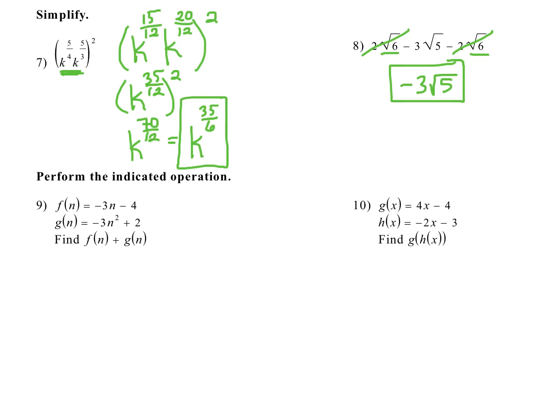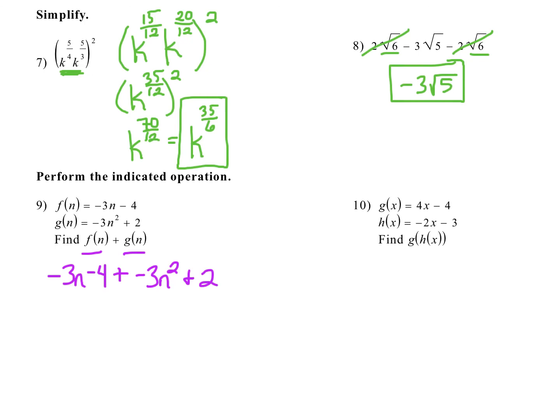Okay. Numbers 9 and 10 are performing operations on functions. Number 9 is just addition of functions, so we have f of n plus g of n. So all I do is just plug in. So my f of n is negative 3n minus 4 plus my g of n, which is negative 3n squared plus 2.